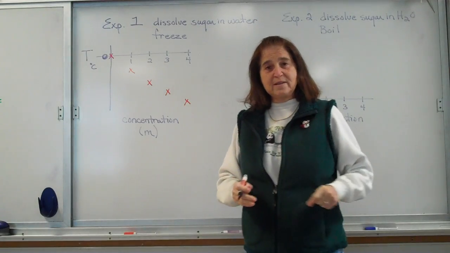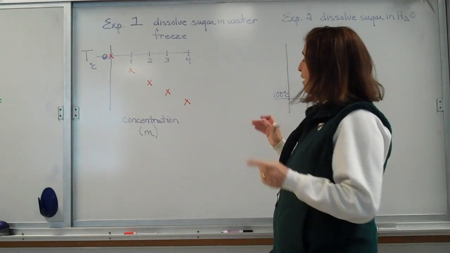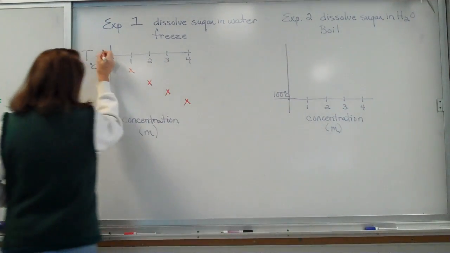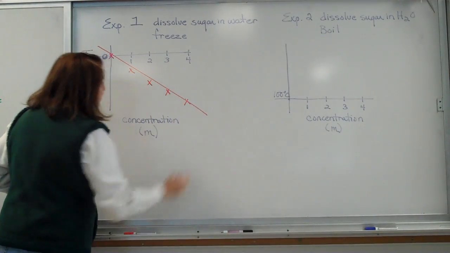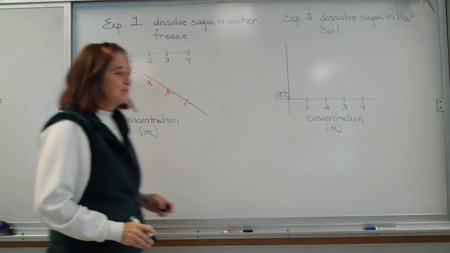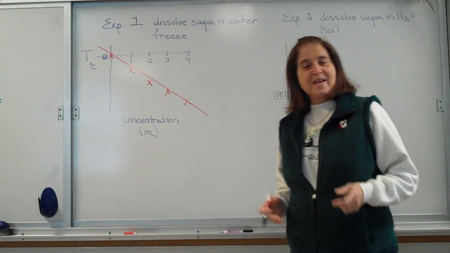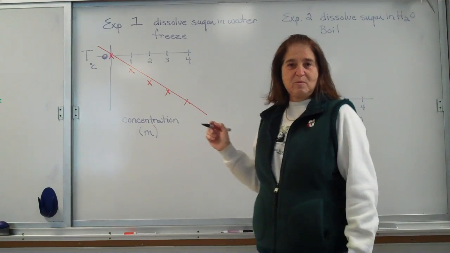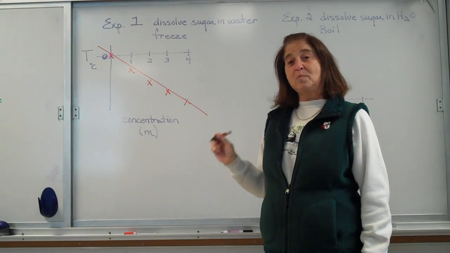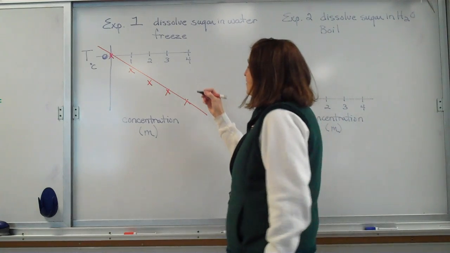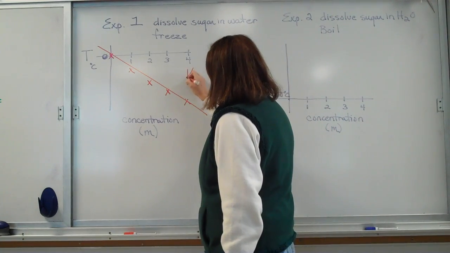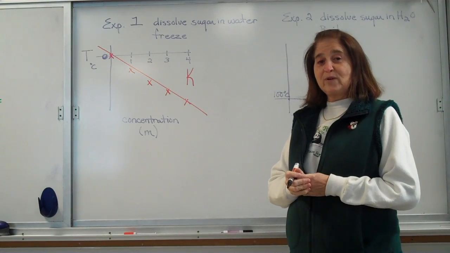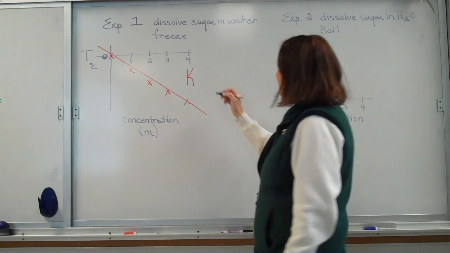They look at these points and they think, I think there's a pattern here. I think if you look at this, not a good drawing on my part, that there is a constant slope. So they take their data points and analyze the slope of the line. The slope of the line is going to be called the molal freezing point constant.